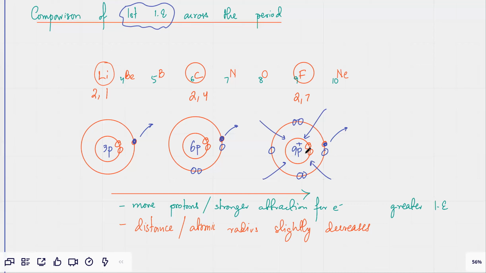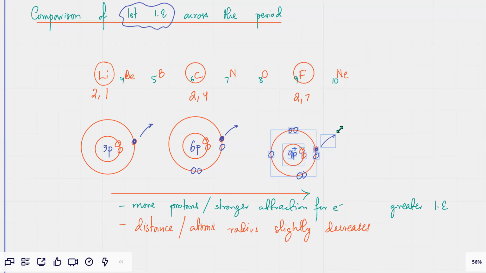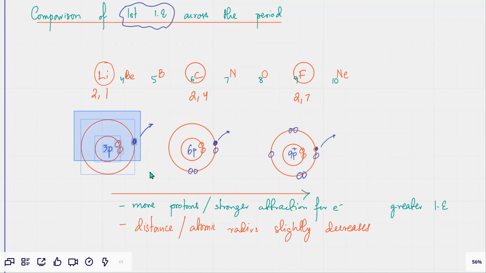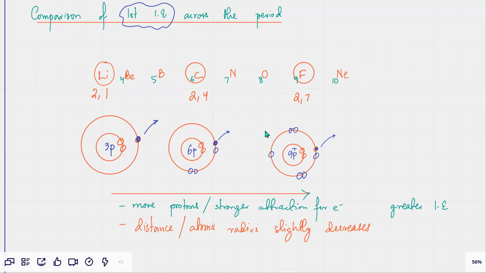Because the nucleus is more positively charged, the stronger attraction holds the electrons very tightly. So the atomic size would be slightly smaller. It's not going to be a huge difference. Lithium would hardly be attracting its electrons, so it would be bigger in size. Fluorine, because of its 9 protons, would be very strongly attracting its electrons. So the distance gradually decreases. Is this clear?